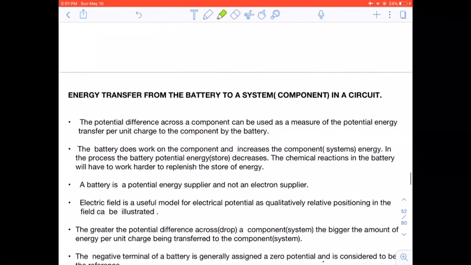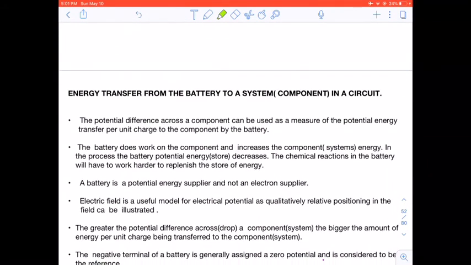Right, now let's look at energy transfers. If we look at energy transfers from a battery to a component, let's say the component is a system. The battery is now transferring energy to a component.